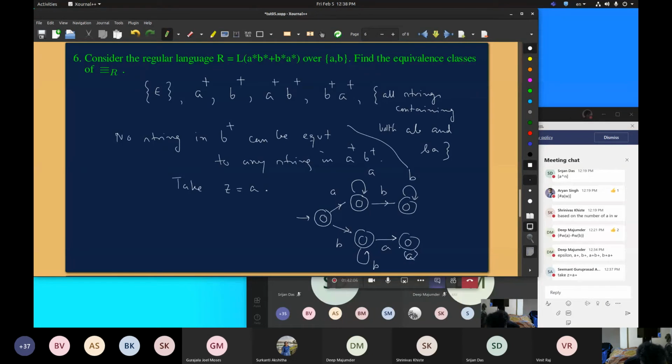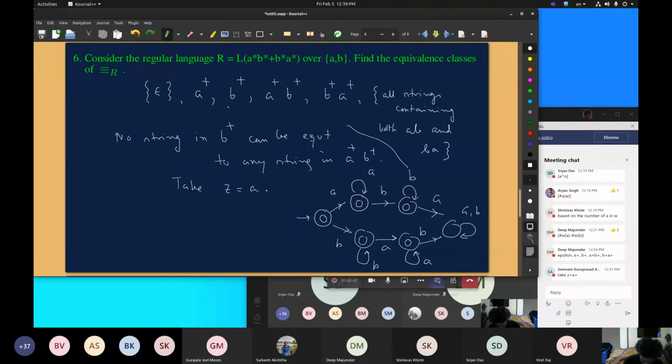So this corresponds to this state, this corresponds to this state, this to this, and the remaining things to this.